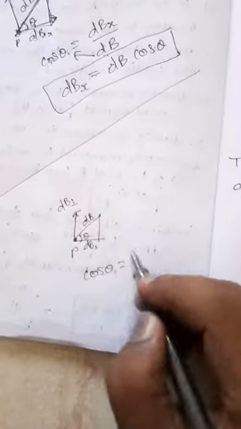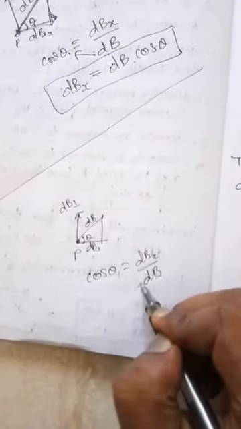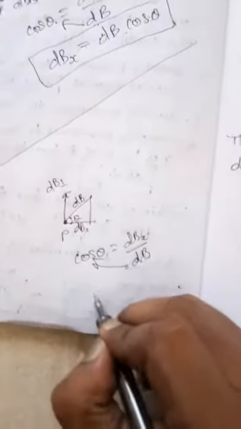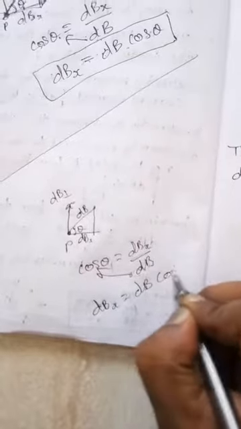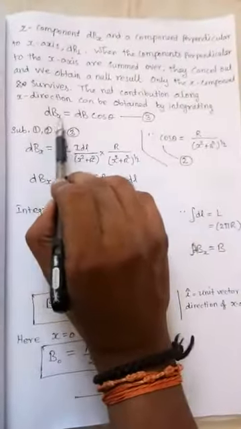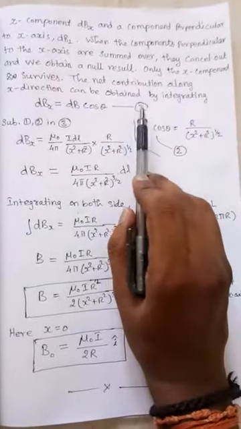Cos theta is equal to adjacent, dBx, by hypotenuse, dB. Cross multiplying, dBx is equal to dB cos theta. Take this formula as equation number 3.